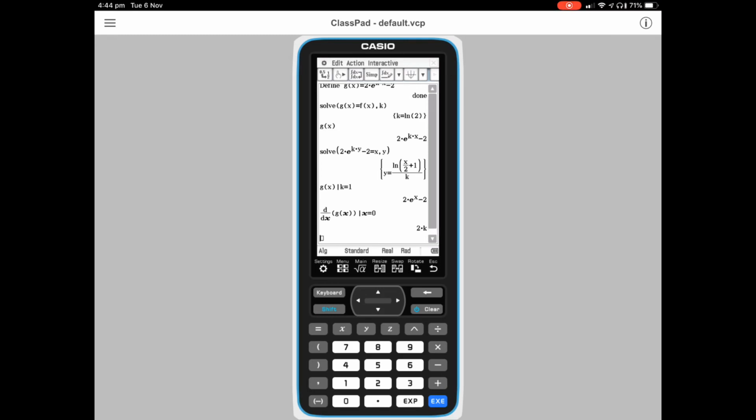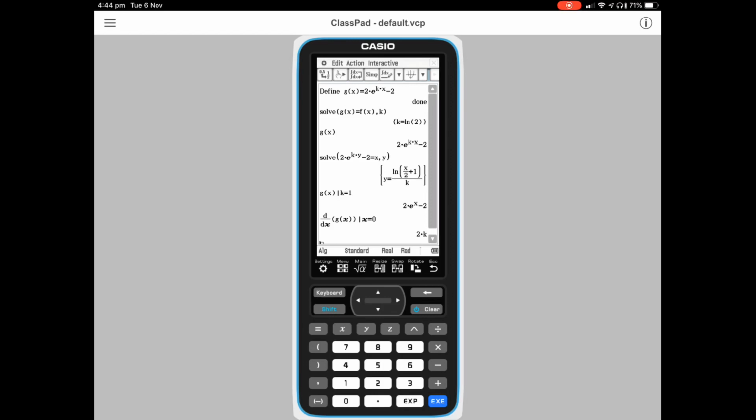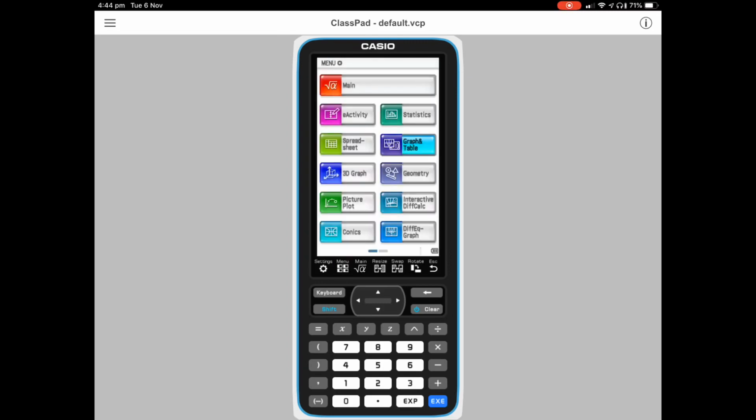So what's g of x? G of x is that, and then that's the inverse. We'll just copy that and go in and graph it.